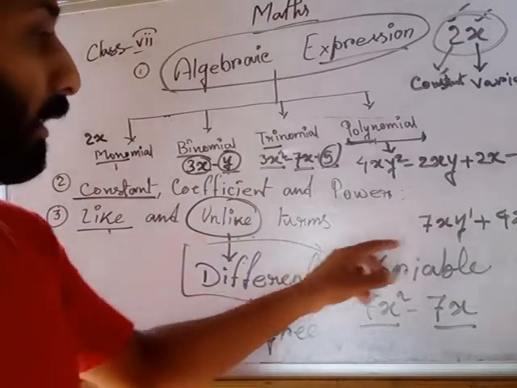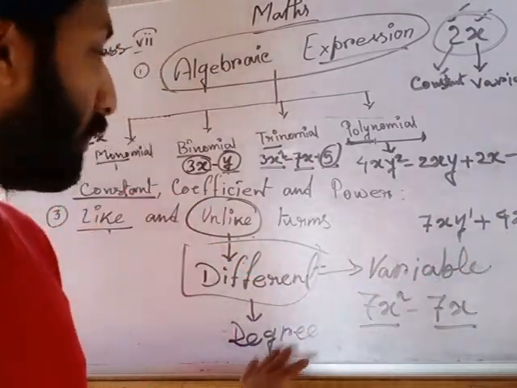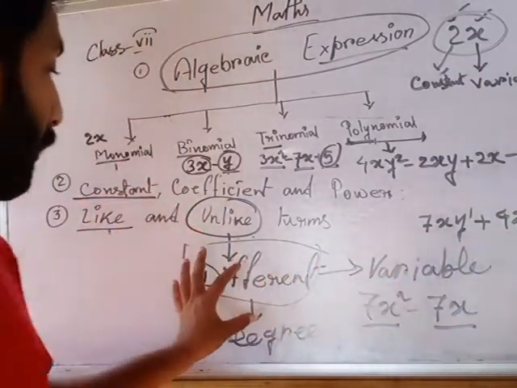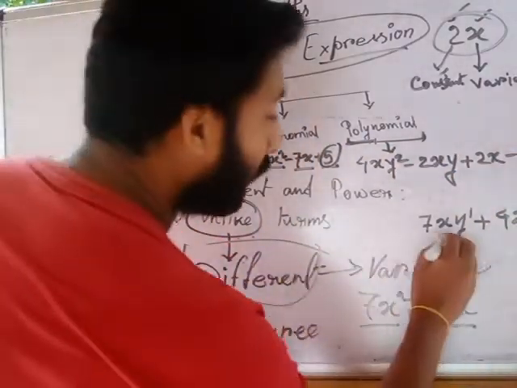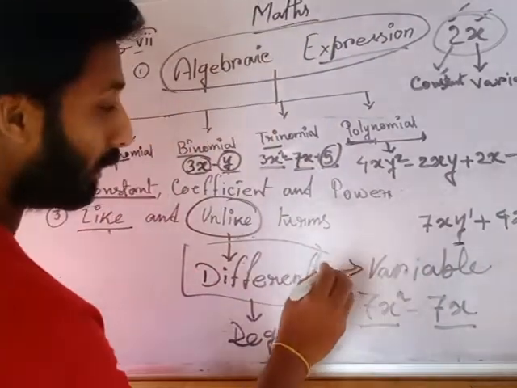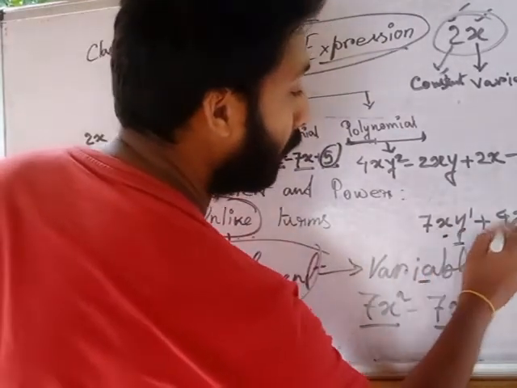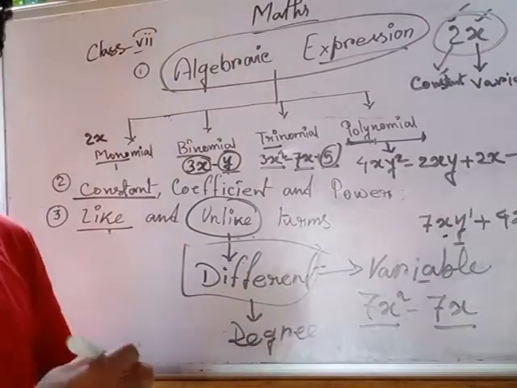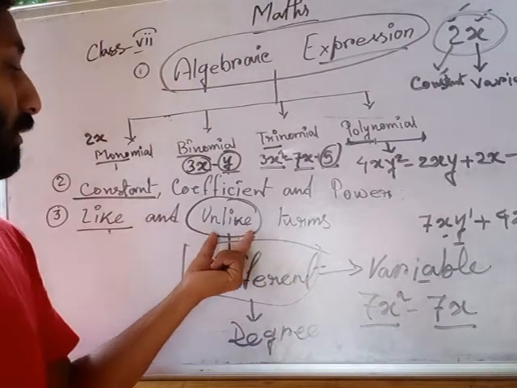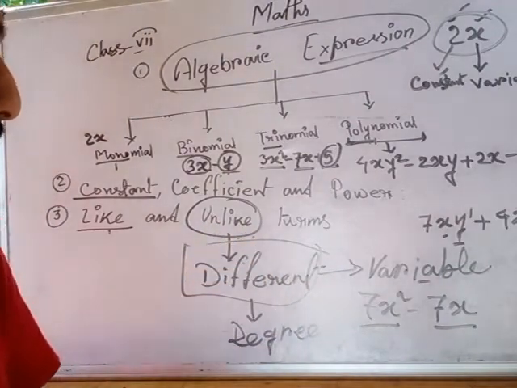If only the degree is different, at that time it is called unlike terms. Not only the degree and not only the variable. If the variable or the degree are different, at that time it will go as unlike terms. Okay, do you understand?